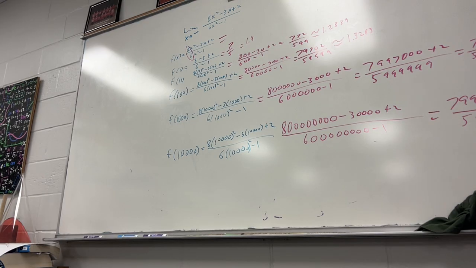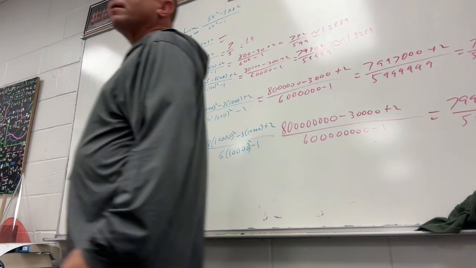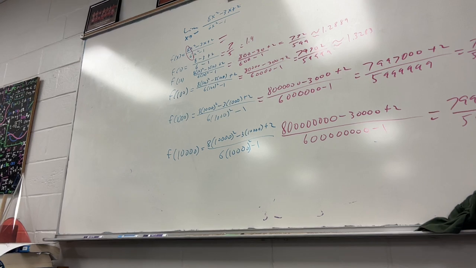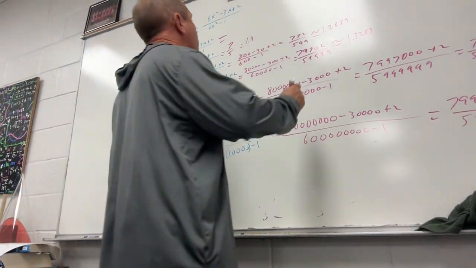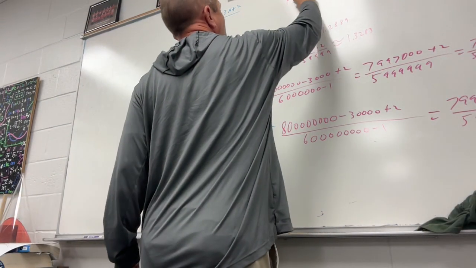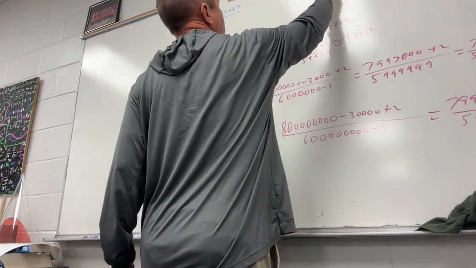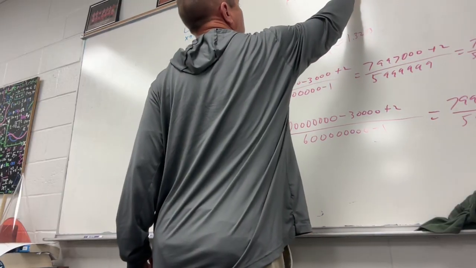Very ballin'. Is that like the asymptote or something? It's going to be a horizontal asymptote, yes. We're going to have a horizontal asymptote here. So my horizontal asymptote is going to be y equals 4/3.